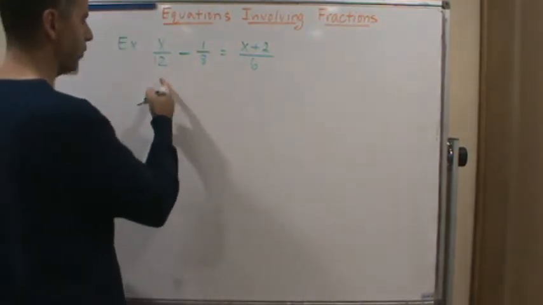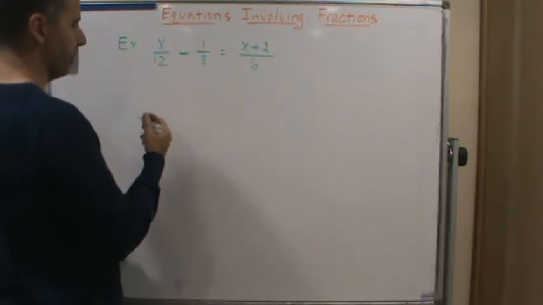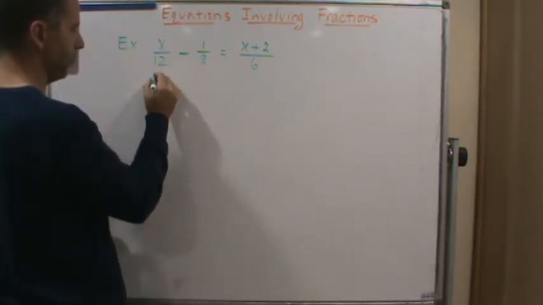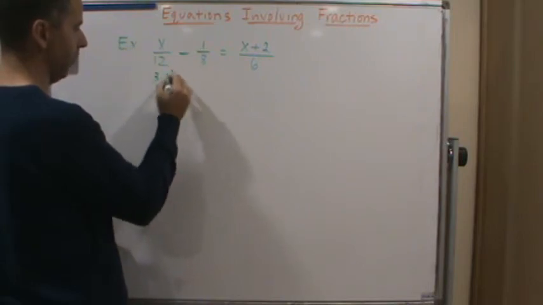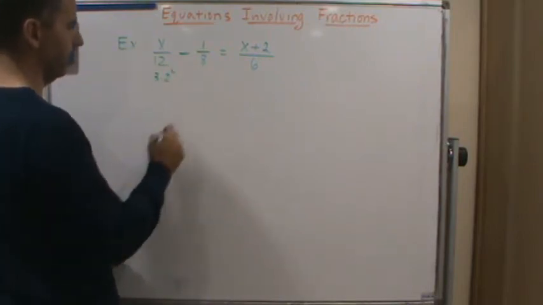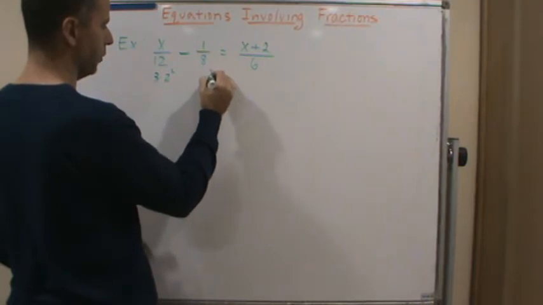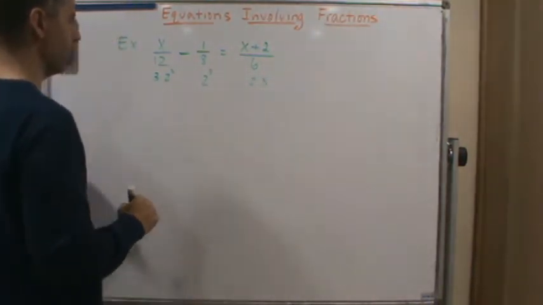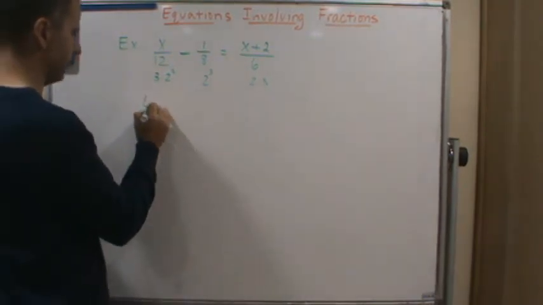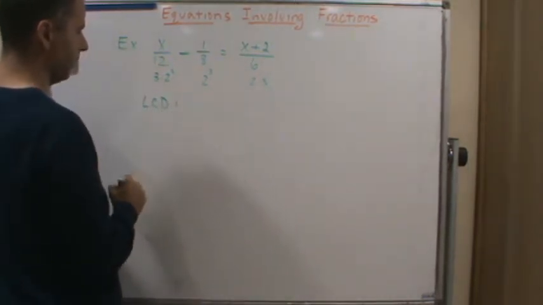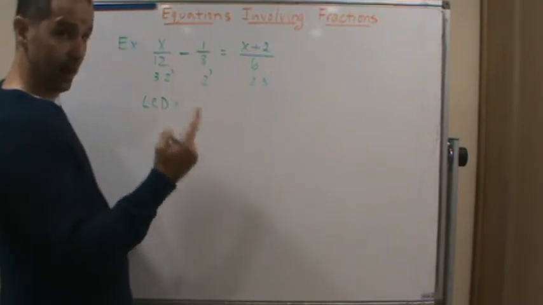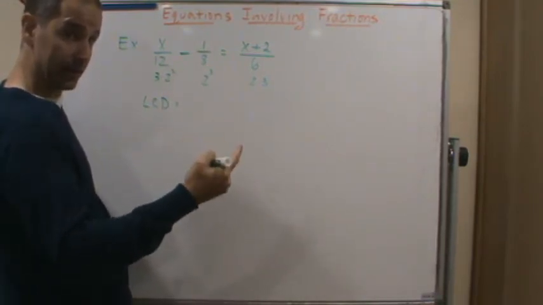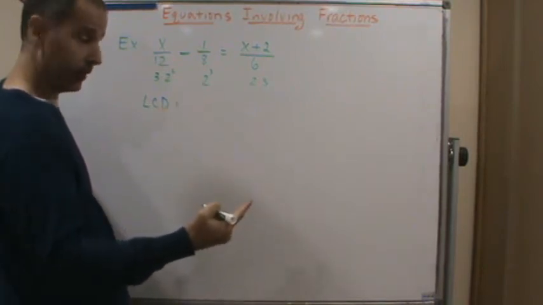So again, we list the prime factors. This is going to be 3 times 2 squared. This is going to be 2 cubed. And this is going to be 2 times 3. And so if we want the least common divisor, the least common divisor is going to be every distinct factor to the highest power that's seen.